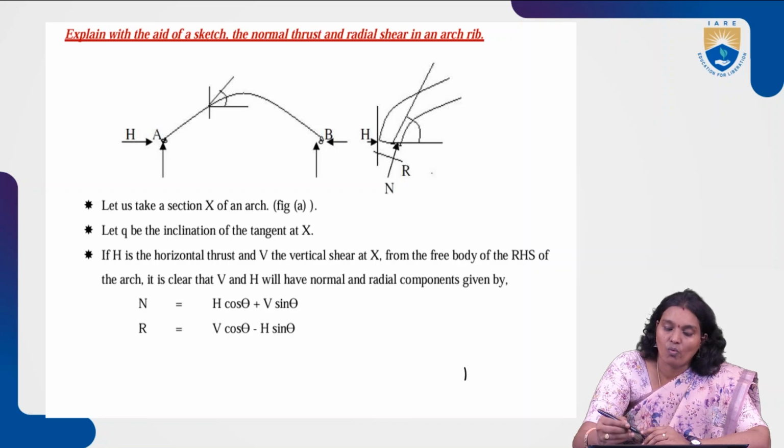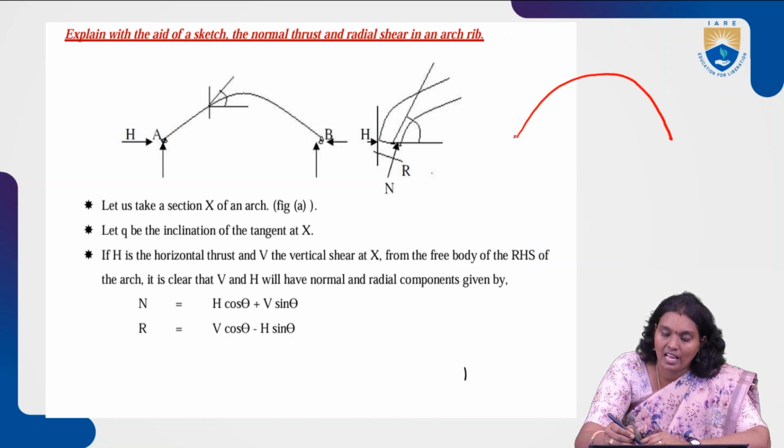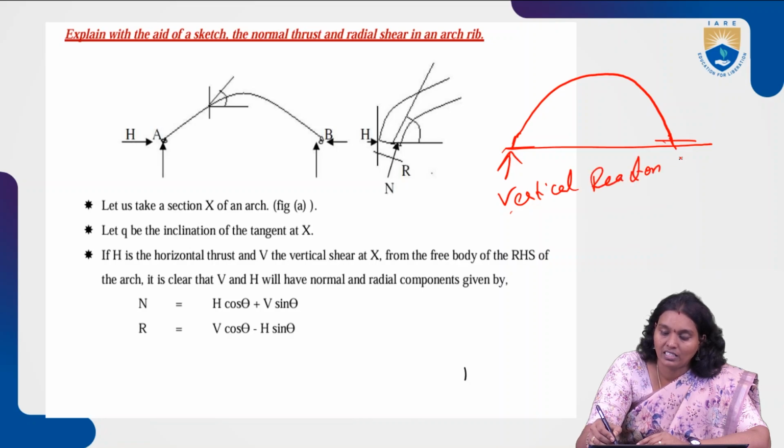Once we consider a parabolic arch with symmetrical conditions, we apply the vertical reactions, sometimes in terms of V or in terms of R, and the horizontal reactions.